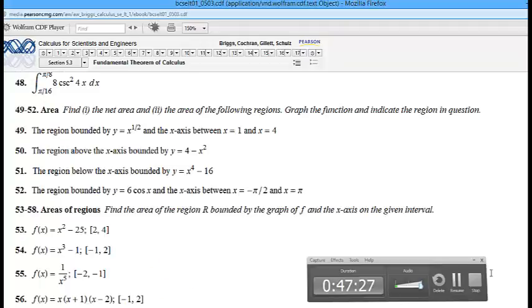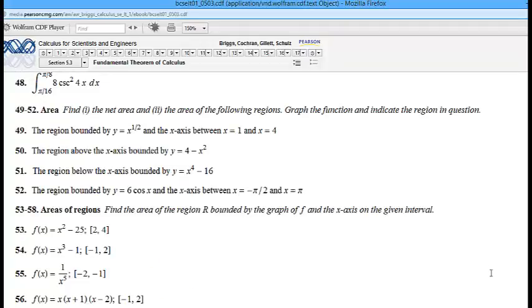So we're going to do, as one last example, number 50 from tonight's homework. The region above the x-axis bounded by y equals 4 minus x squared. Graph the function, indicate the region in question. Okay, so my last problem here. Hey, if I sketch a graph of that, what does it look like?